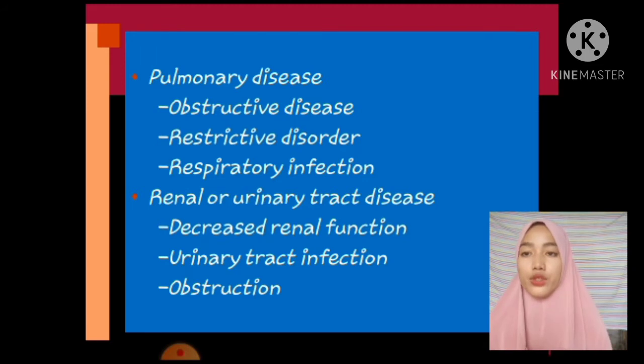And also restrictive disorder. It is a lung disease din na kung saan mag-stiff ang chest wall ng isang tao, naninigas yung chest. And respiratory infection, it is an infection that interferes with the normal breathing.